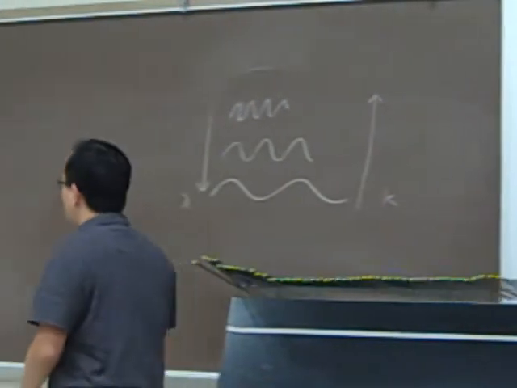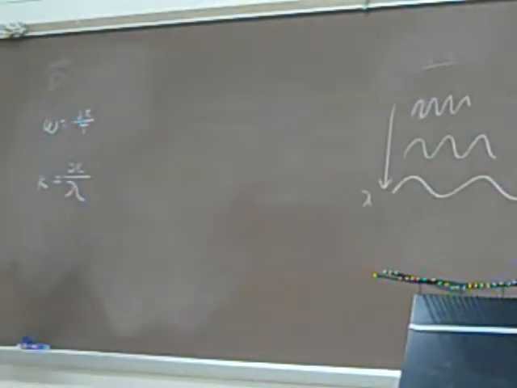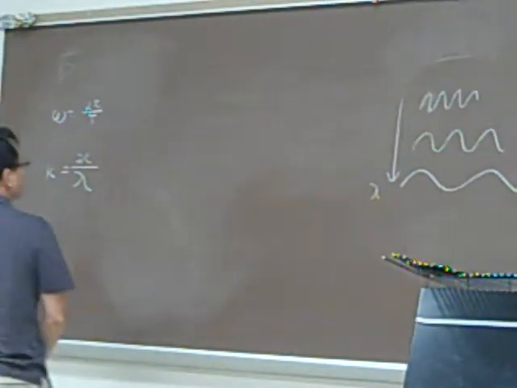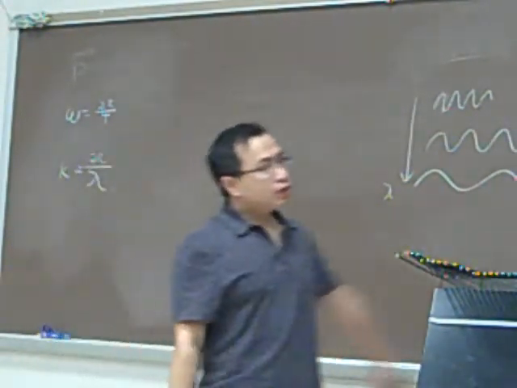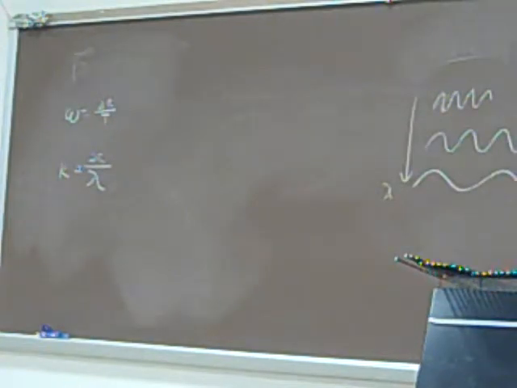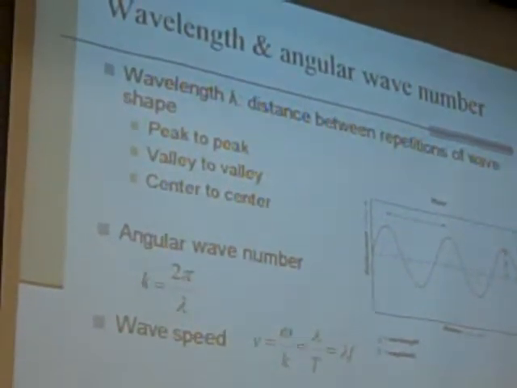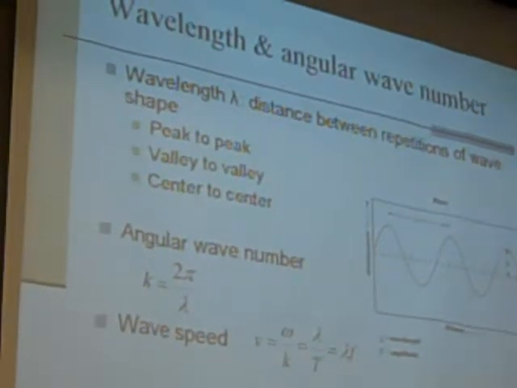But they have some similar relationship like that. And if you look at the graph here, I'm plotting the wave for a particular time. And the wavelength lambda is the distance between peak and peak.